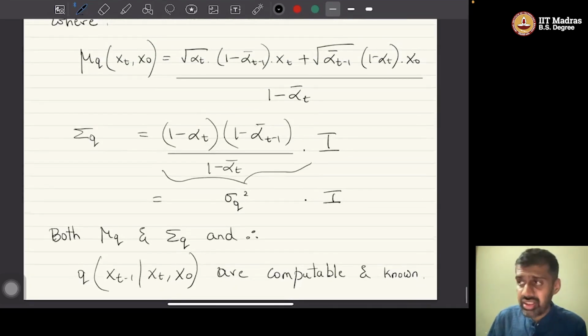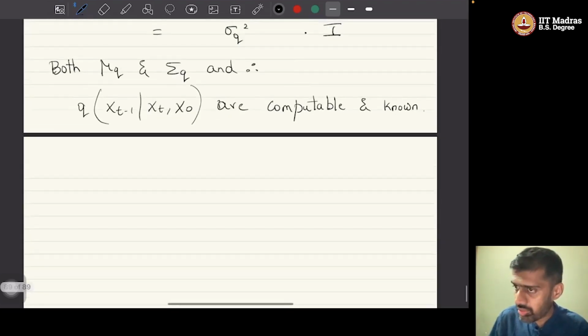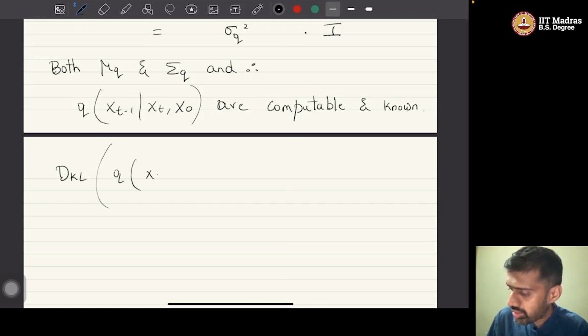So with that, what we should do now is write down this definition of KL in the consistency term. Now we know the first term, the second term is the model distribution, so let us write that down. Now the consistency term is simply the KL divergence between q of xt minus 1 given xt and x naught, and p theta of xt minus 1 given xt.